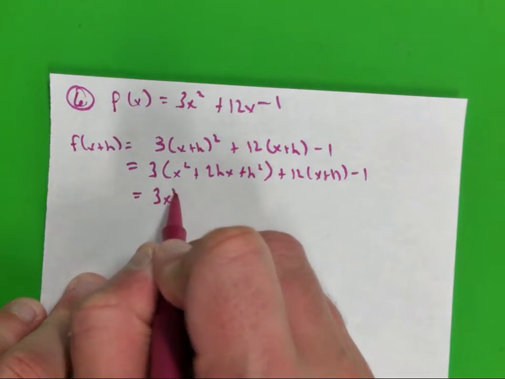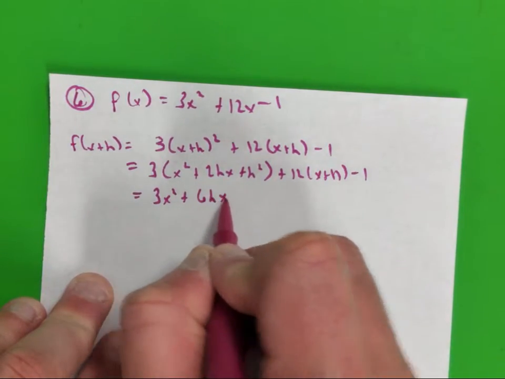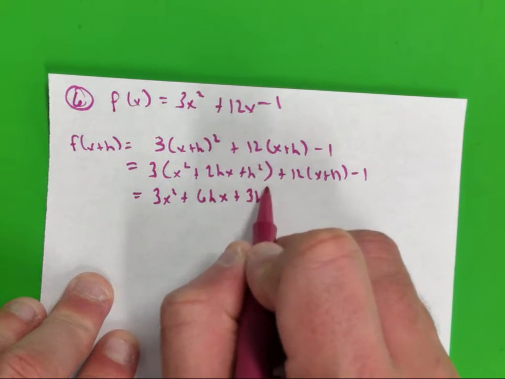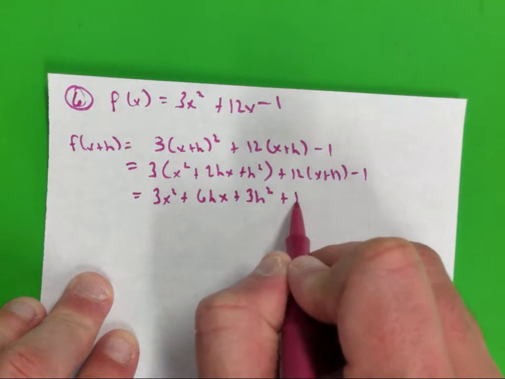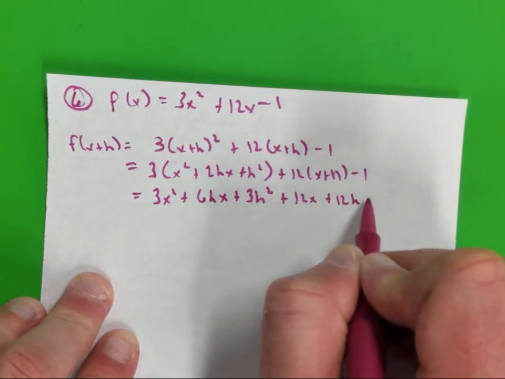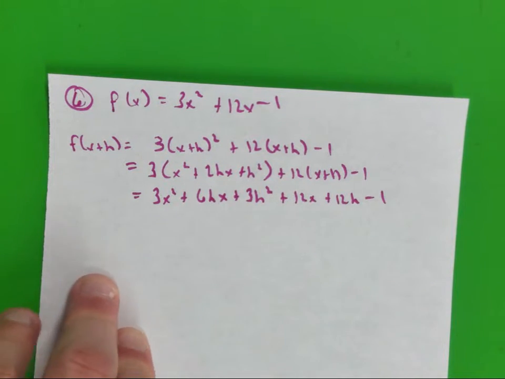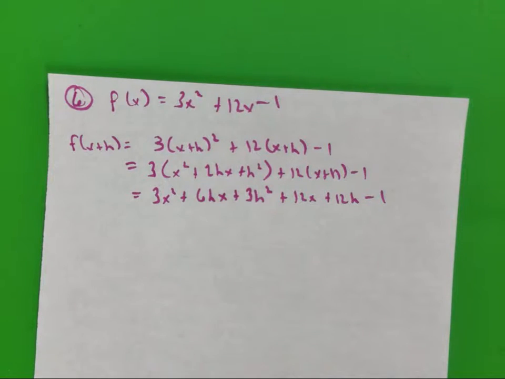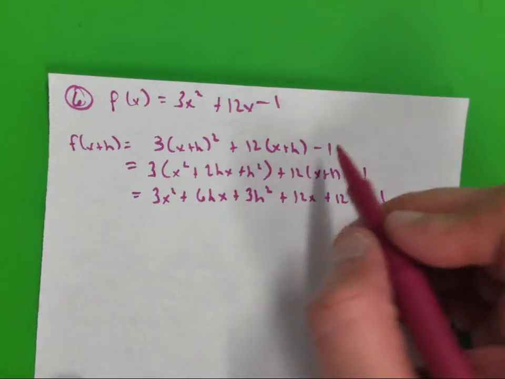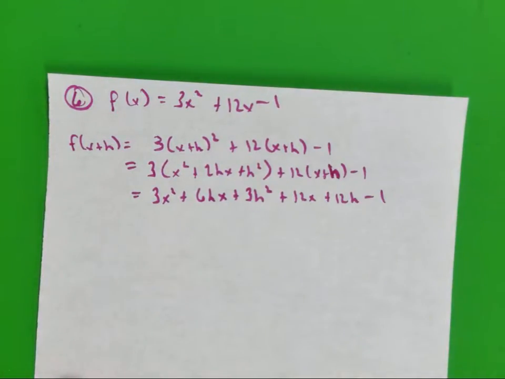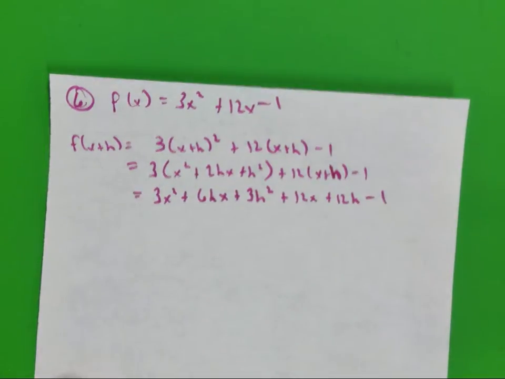Distribute, that's going to be 3x squared plus 6hx plus 3h squared plus 12x plus 12h minus 1. All that's got to go with the first in my formula. f of x is my original, so I don't have to do anything on that.